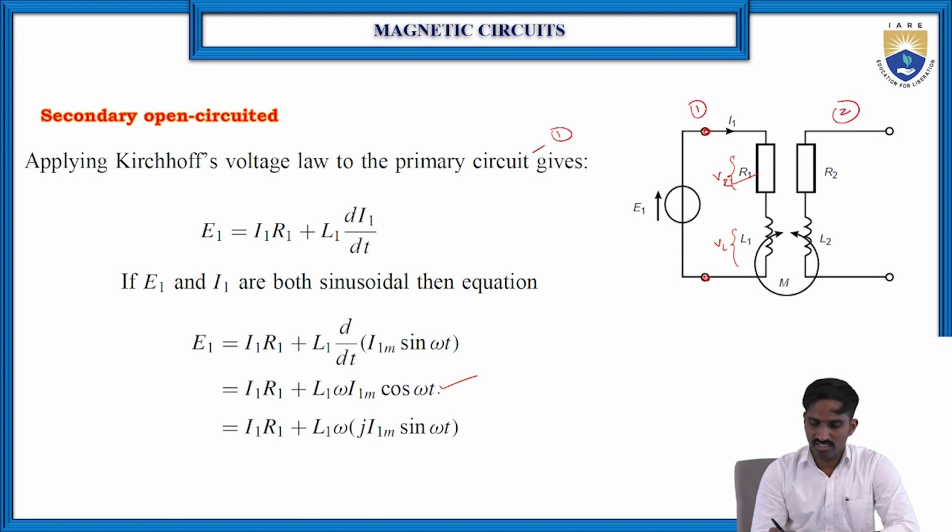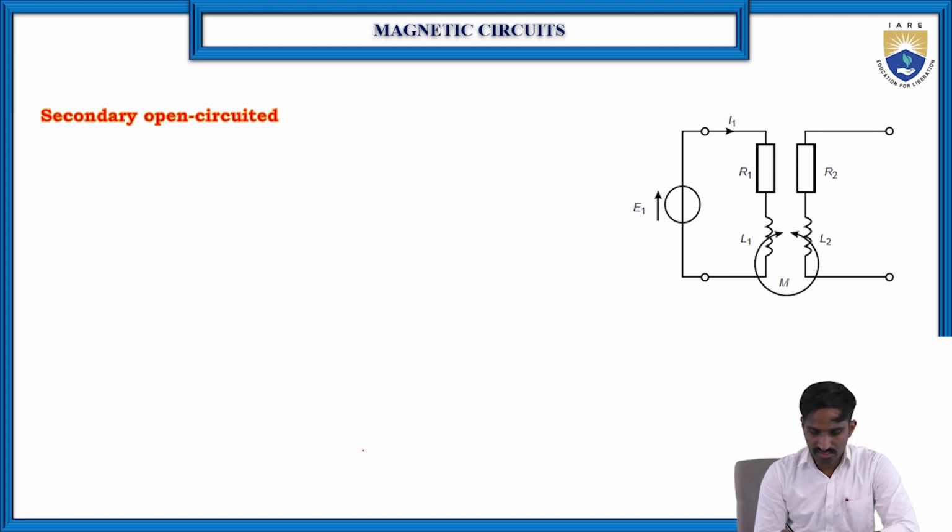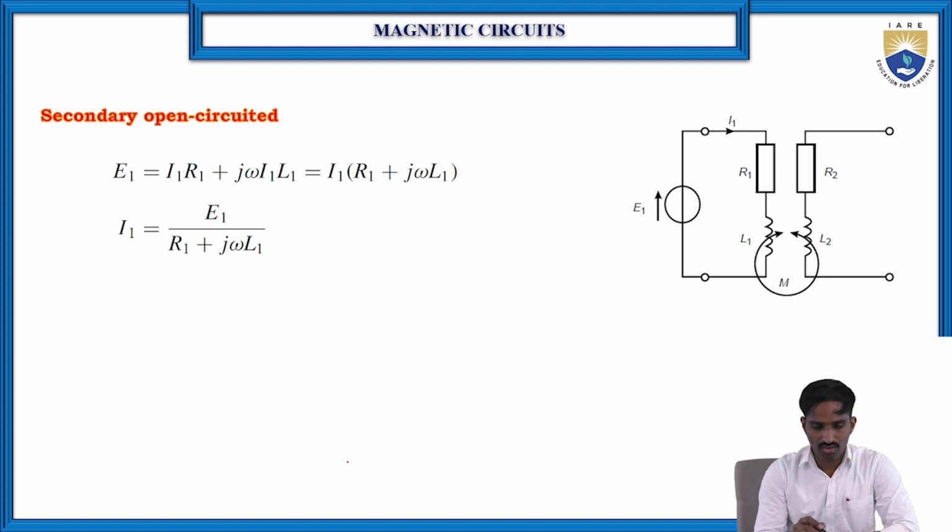The same way again, cos omega t is equal to sin of omega t plus 90 degrees, so then we can make it as cos omega t is equal to j sin omega t. The same thing we are substituting here. Then this equation will become I1 R1 plus L1 omega j I1M sin omega t. Finally the equation will become like this.